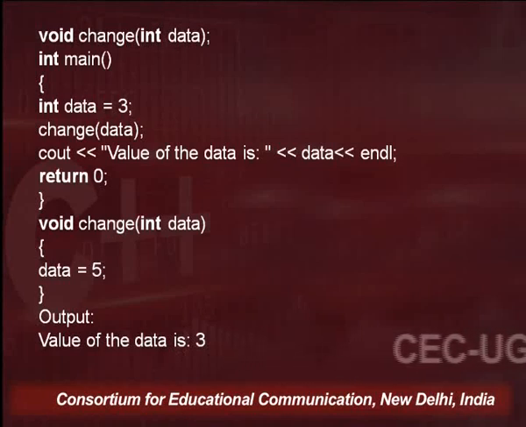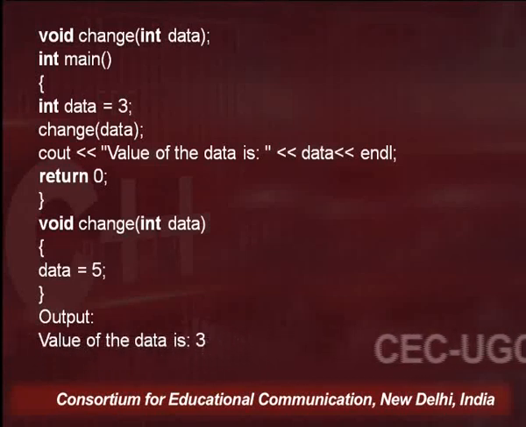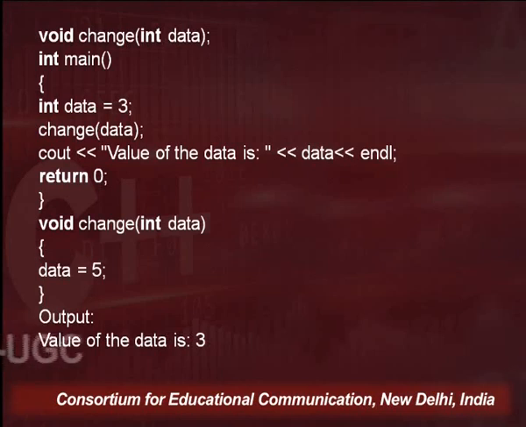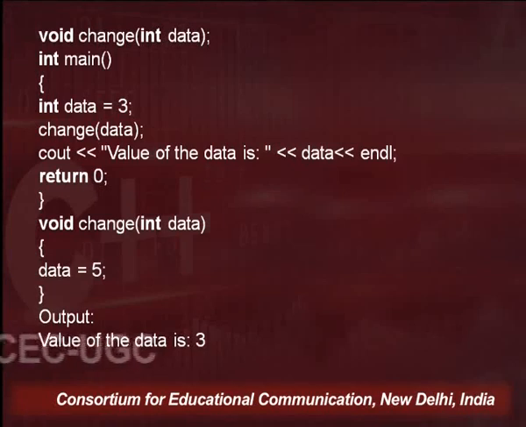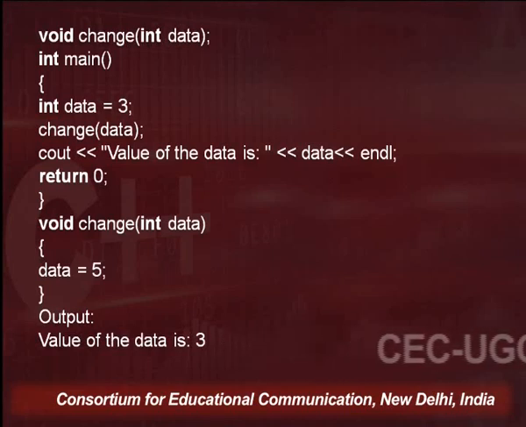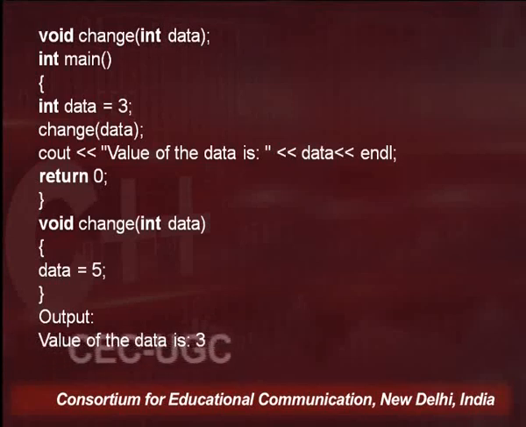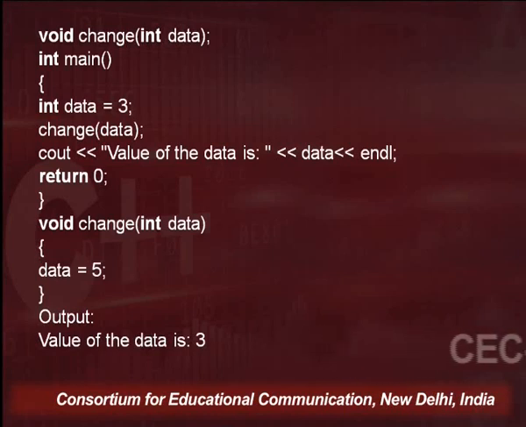Even if the names are the same for your actual parameter and your formal parameter, you can notice the call to change with data inside main, and the definition void change with integer data. But this data inside the function call and the data inside the function definition are two different variables. One is the variable data handled by main, and the other is the variable data handled by your function change.